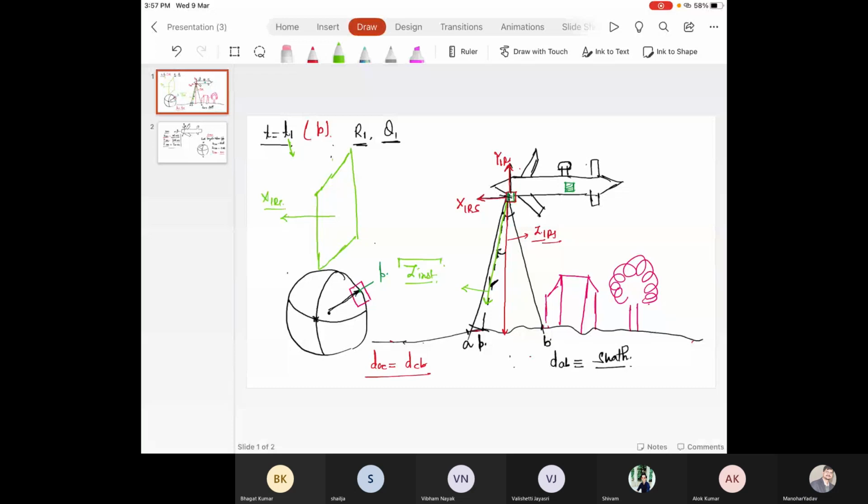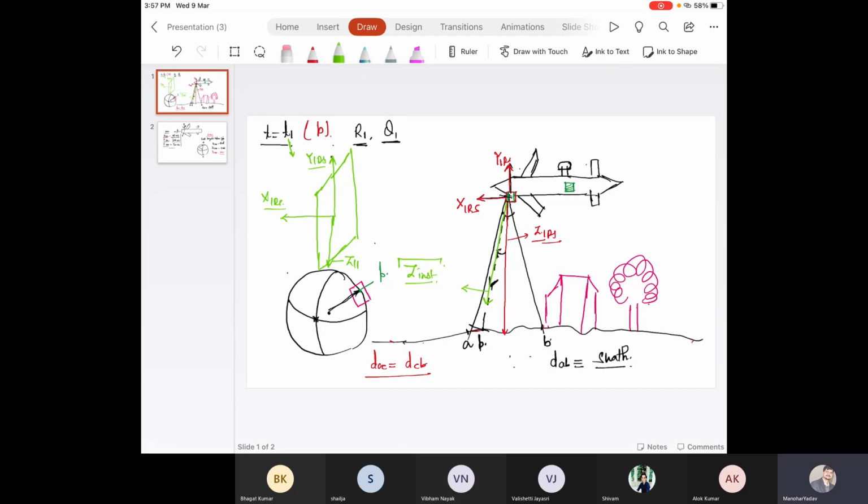And you can see this laser vector is in vertical plane. So this is y IRS. So the two axes, y IRS and z IRS, they are in the vertical plane.